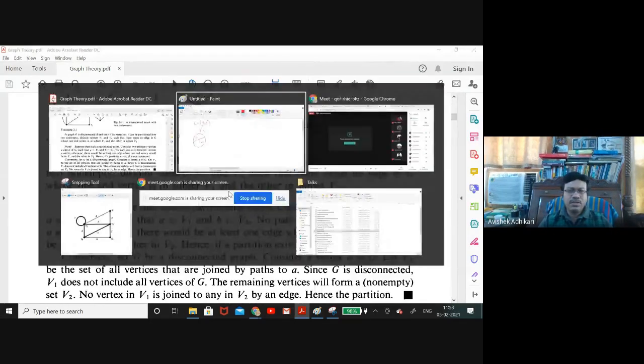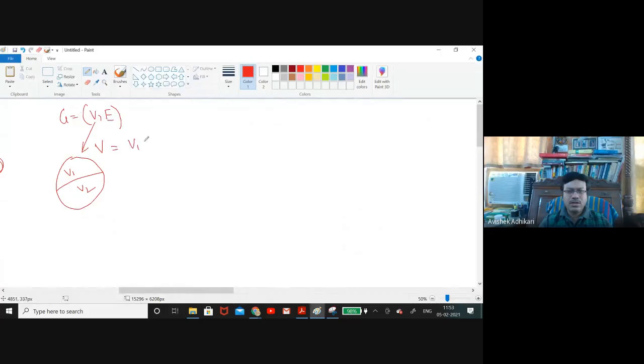That means V is like this, with V1 and V2, and you cannot find any edge whose one vertex is a member of Vi and another vertex is from Vj. So the statement is quite obvious, right?